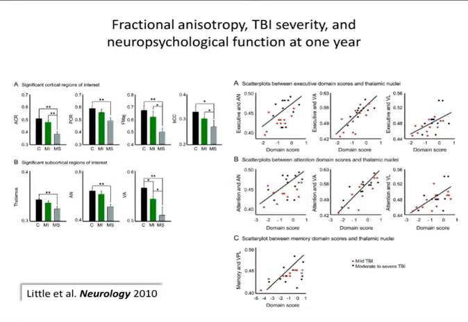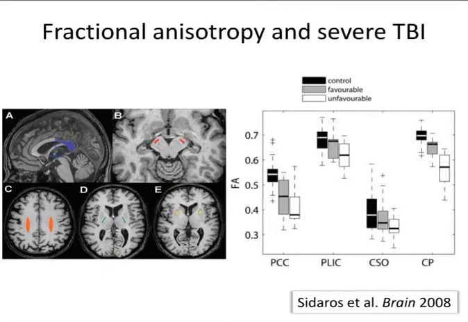And when you look at the relationship between FA values and performance on a number of different cognitive tasks, executive function, attention, memory, and this was done 1 year after TBI, you can see that there is a relationship. So the occurrence of this multifocal white matter injury is indeed predictive of performance on cognitive testing in the long term after TBI.